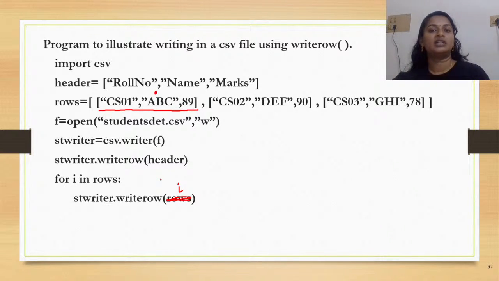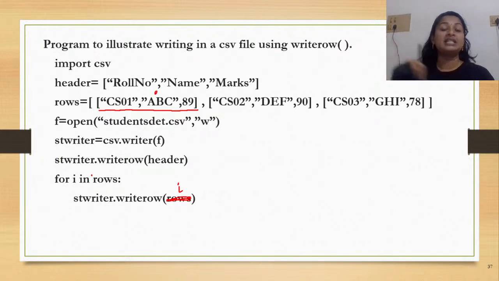This would be written onto the file, and later in the next iteration, what would happen? In the next line, the next content would be written. So this is how the entire content would be written onto your file.